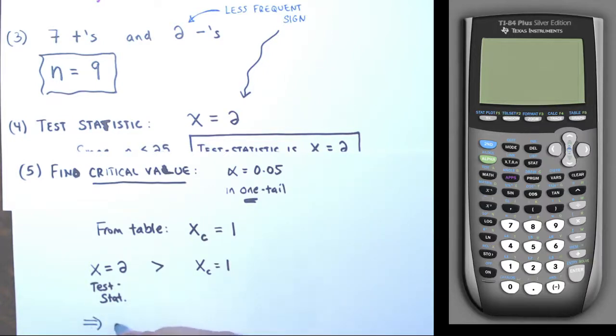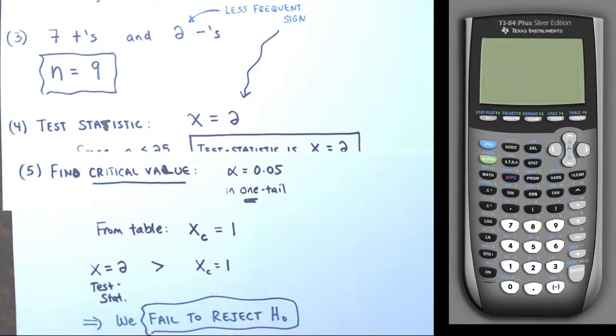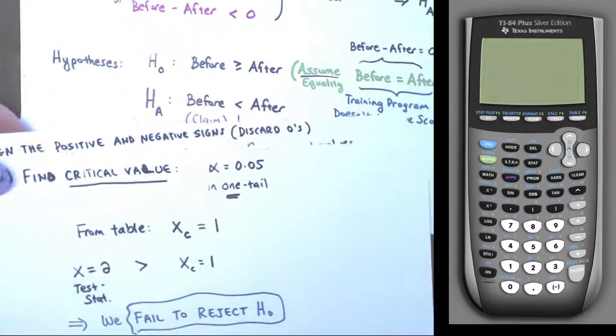By my steps written out earlier, our test statistic is greater than the critical value, then we fail to reject the null hypothesis. So we're not going to reject the null hypothesis. Let's go back and see what that was again.